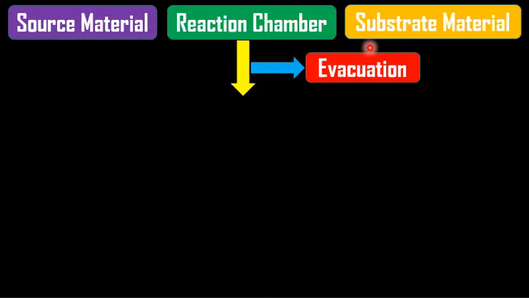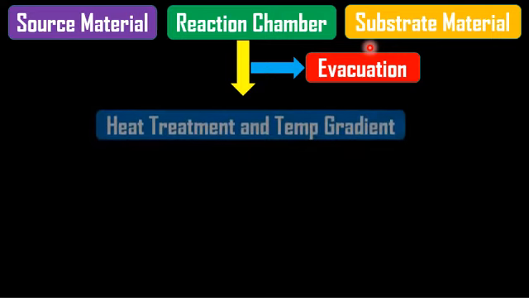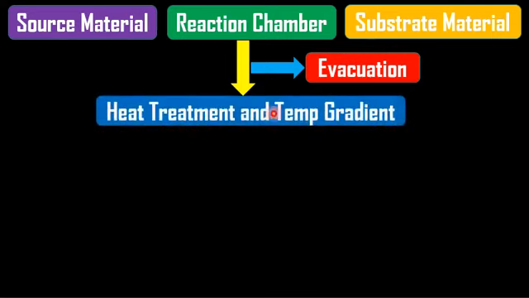After that, the source material is heat treated, and the temperature of the source material is taken up to the melting point of that source material, whereas the temperature of the substrate material is slightly increased above the room temperature. So this will cause a temperature gradient between the source and the substrate material, which will cause diffusion, and at the end of the day we get better deposition.